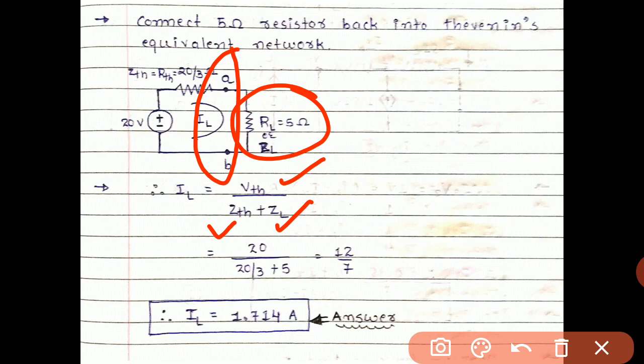So IL equals VTH divided by ZTH, that is 20 divided by 3, which we already calculated, and ZL, that is 5 ohm, which will be added over here. So 20 divided by 3 plus 5.